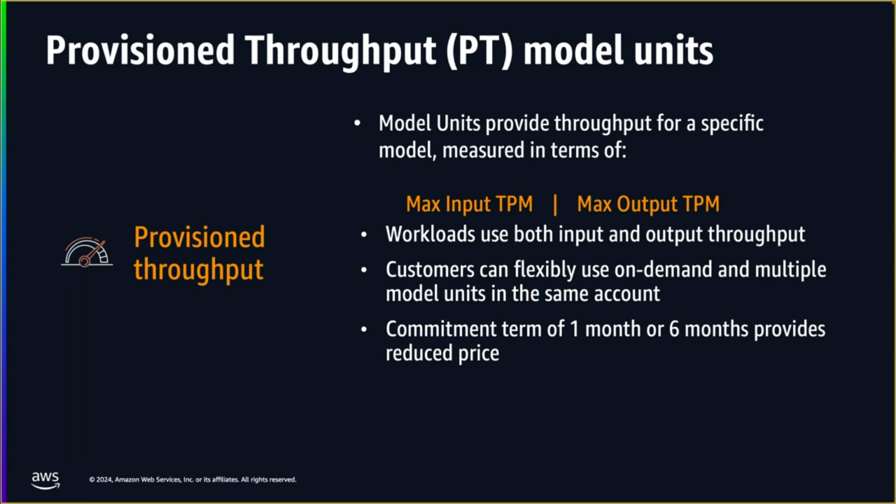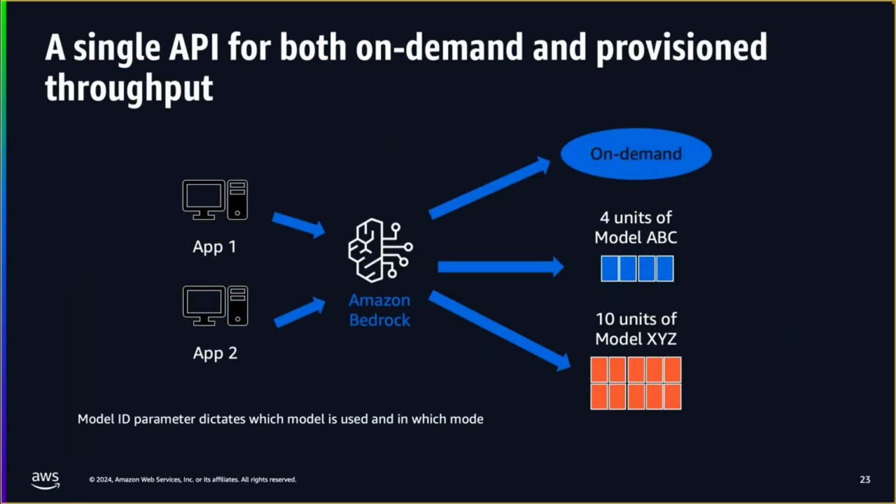Why am I focusing on provisioned throughput here? Because you can use provisioned throughput to implement things like quality of service, right? Because in Bedrock, you use a single API for both on-demand and provisioned throughput. Into that API, you provide a model ID when you call the invoke model API.